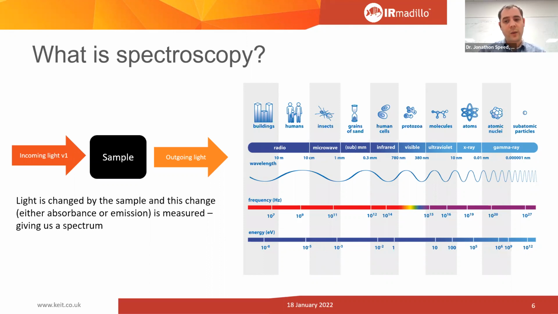And on the far right-hand side, we have gamma rays, very short wavelengths, very high energy. The typical wavelengths that we use for spectroscopy are ultraviolet, visible, infrared. There are spectroscopic techniques built on microwaves, but they're not very common. And radio wave-based spectroscopies are things like MRI instruments in a hospital. That's based on radio wave spectroscopy.